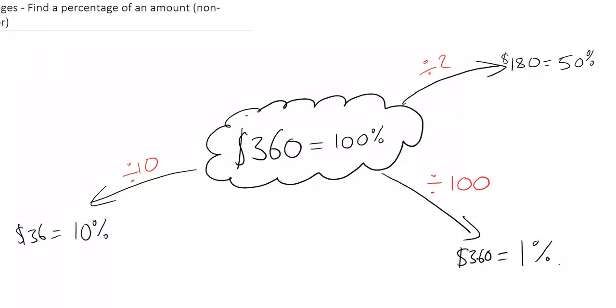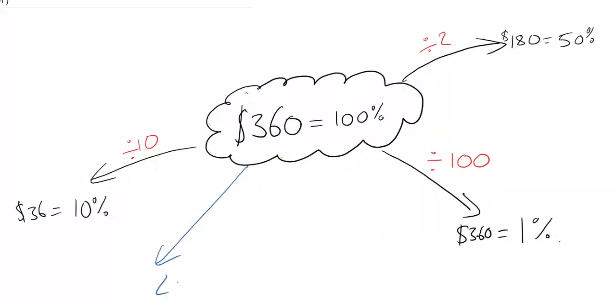So for example, let's try and work out what 20% is. Let's try and work out what 75% is. And let's work out what 48% is.